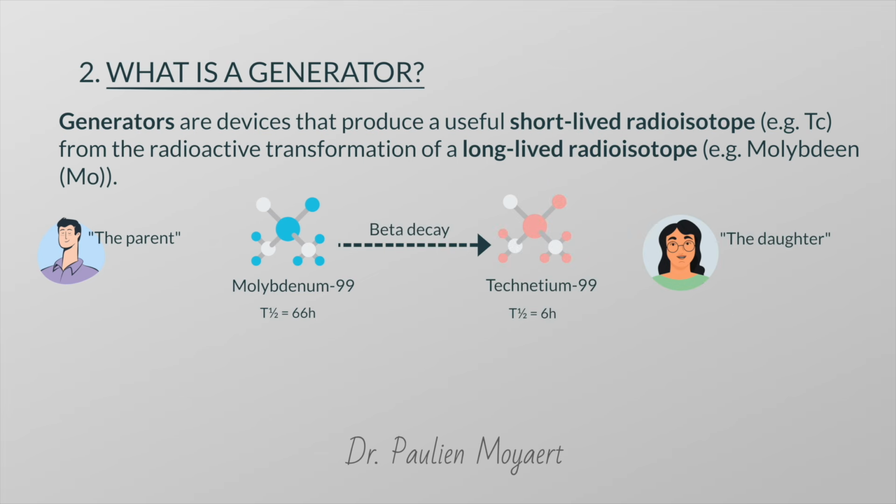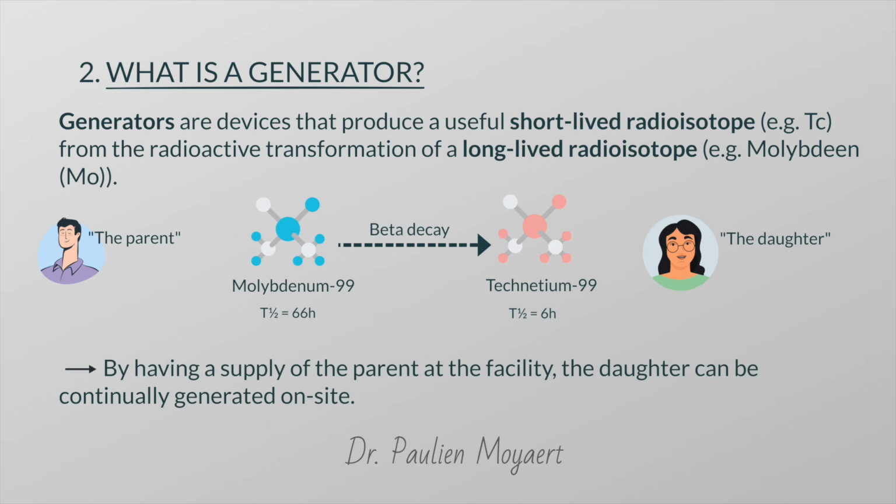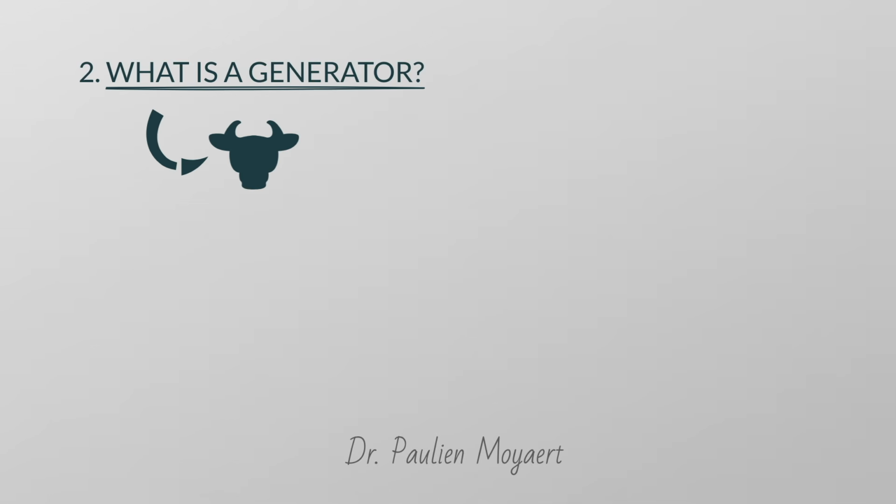Its short half-life decay product, technetium, also called the daughter, can be extracted and used at a remote facility. In other words, by having a supply of the parent at a facility, the daughter can be continually generated on site. The generator is often referred to as a cow. The word cow alludes to the fact that the device milks technetium from molybdenum, then waits for a day and milks it again, just like a cow.